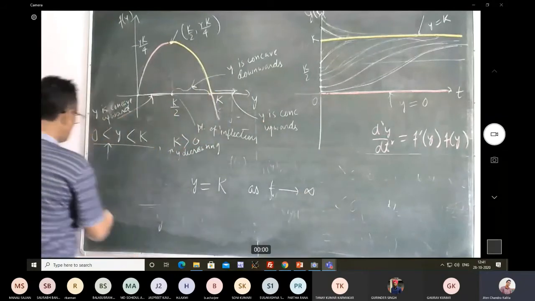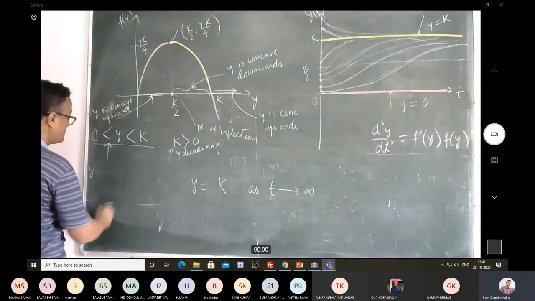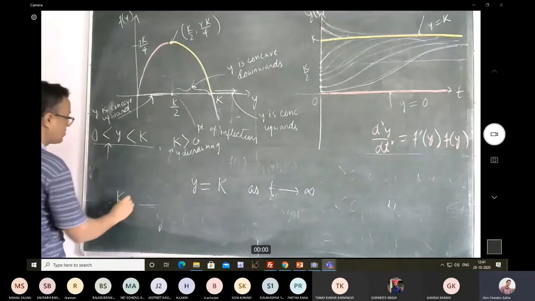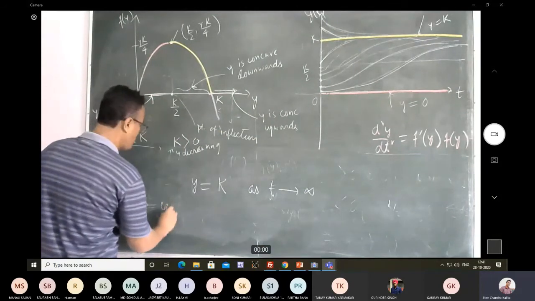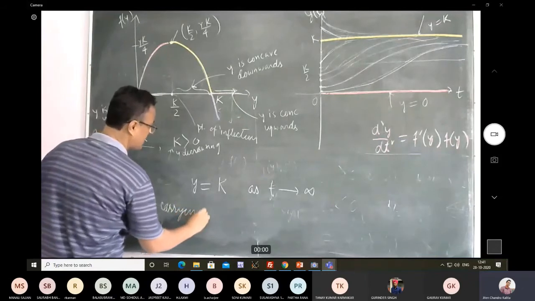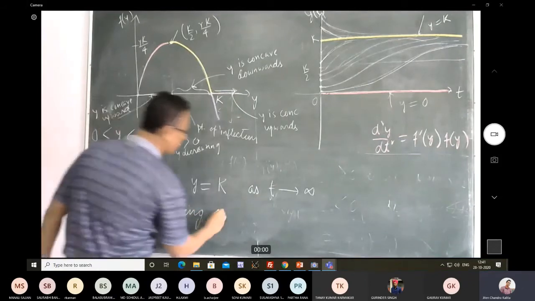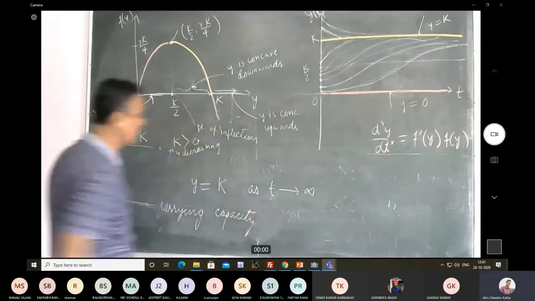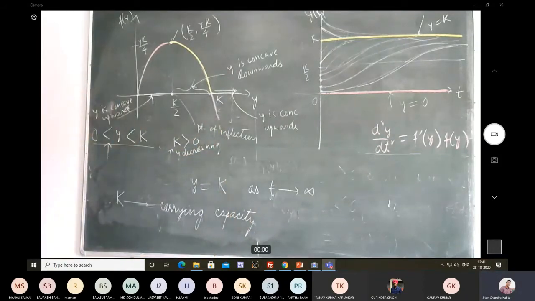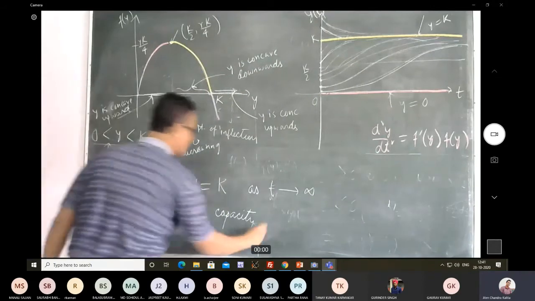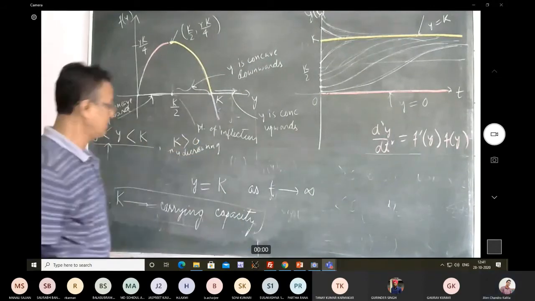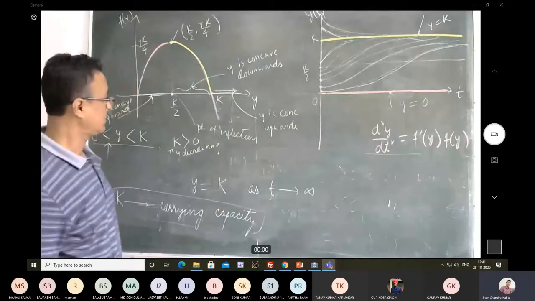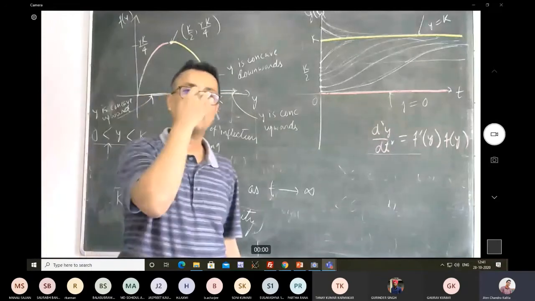Okay, so this value k, probably some of you have already studied it, is called the carrying capacity. So what is going to happen in the long run?